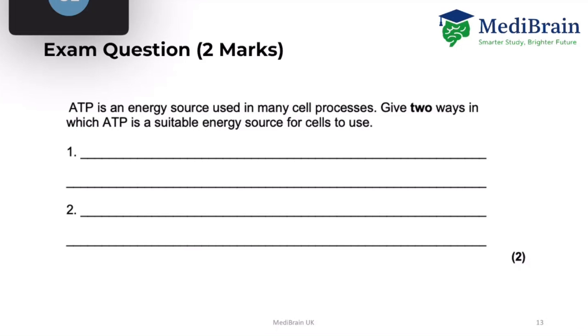Okay, so we know that it says give 2 ways in which ATP is a suitable energy source for cells to use. Now, the first point that I'm going to say is that ATP releases energy in small manageable amounts.